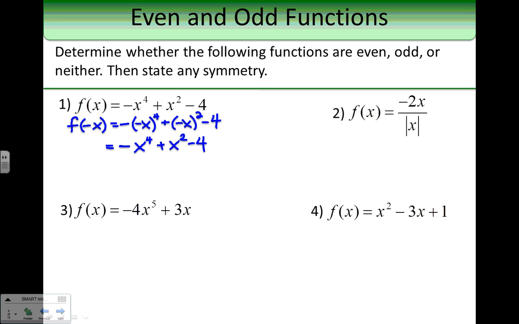Can't simplify it any farther, and you notice that the function that I started with is exactly the same as the function I ended with when I plugged in negative x. So that makes it an even function. Symmetry about the y-axis.